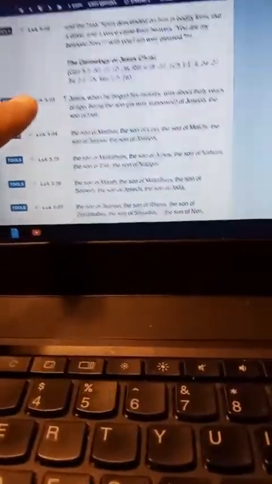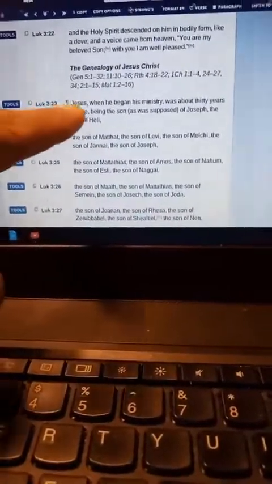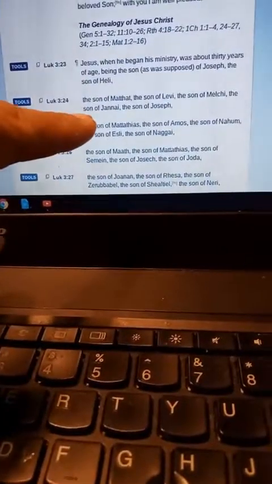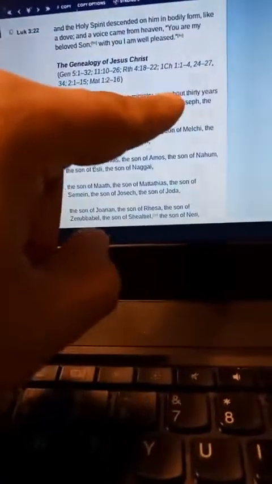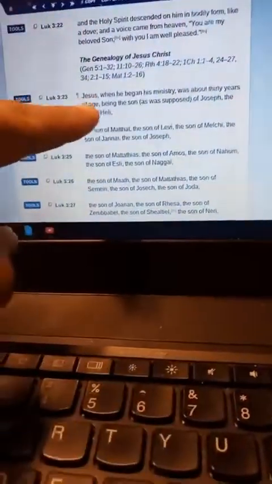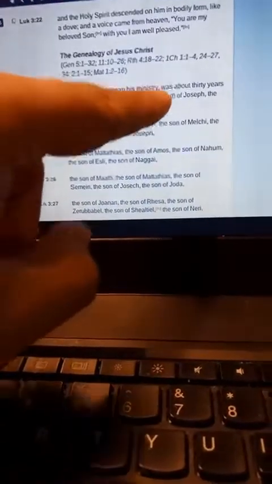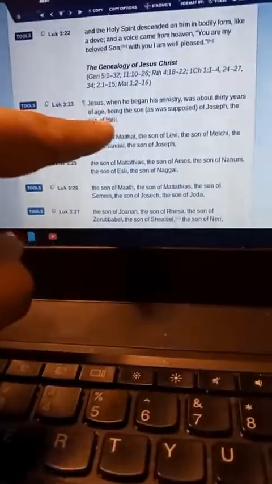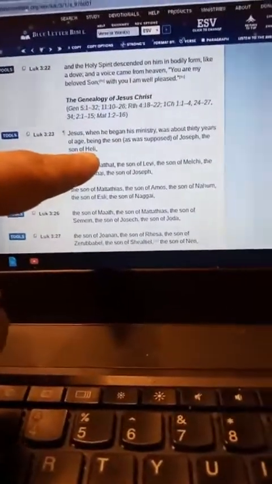So when Luke says this, in Luke 3, Jesus, when he began his ministry, was about 30 years of age, being the son, as was supposed, of Joseph, the son of Heli. So no, it wasn't actually lying. He is the son of Heli according to the law, right?